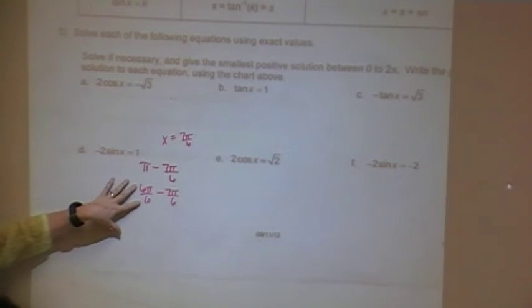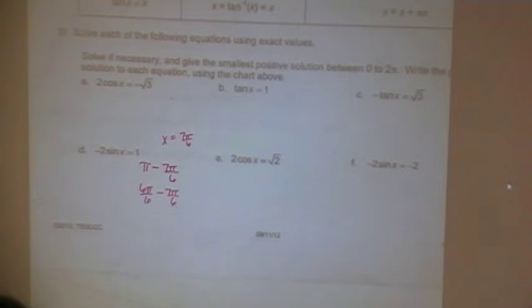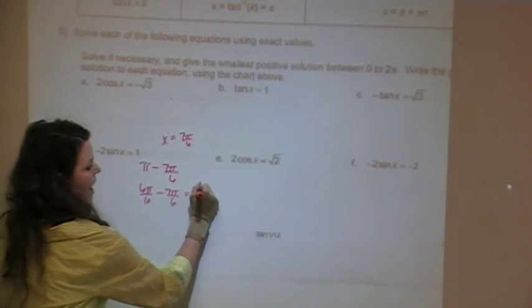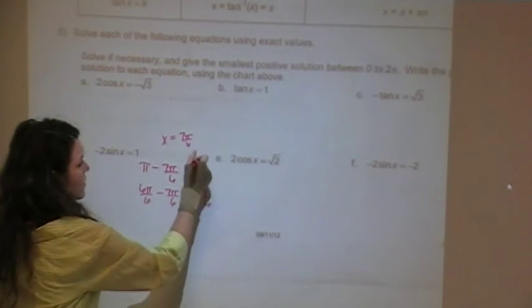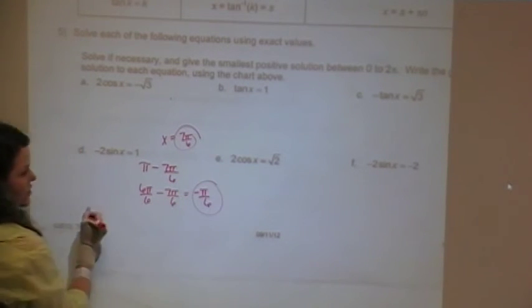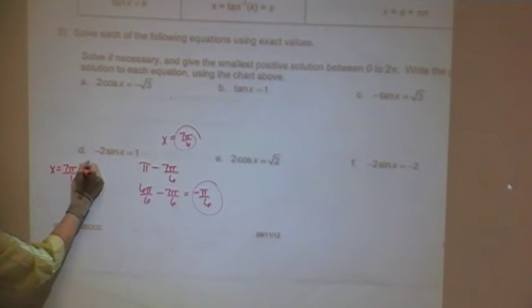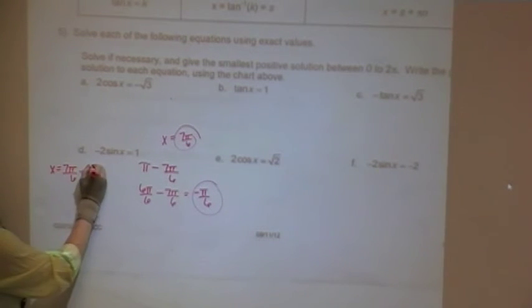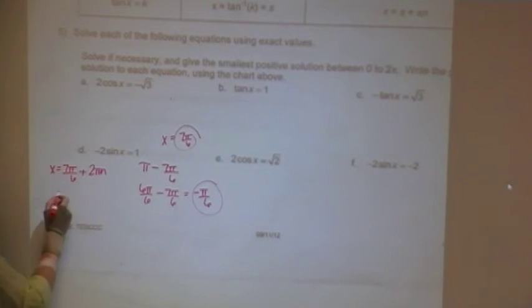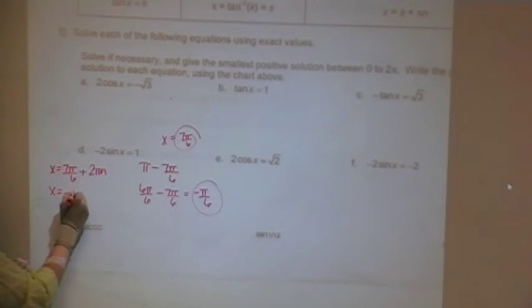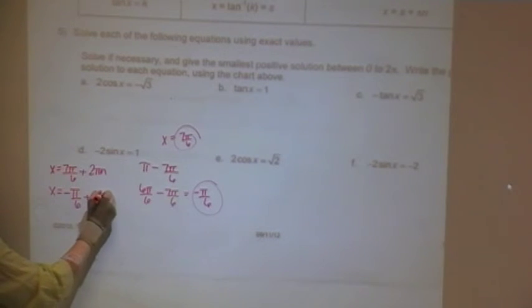If I do 6 pi minus 7 pi, what do you get? Negative pi over 6. So these are the two answers that you need to generalize. So x equals 7 pi over 6 plus 2 pi n, because the period is 2 pi, and x equals negative pi over 6 plus 2 pi n.